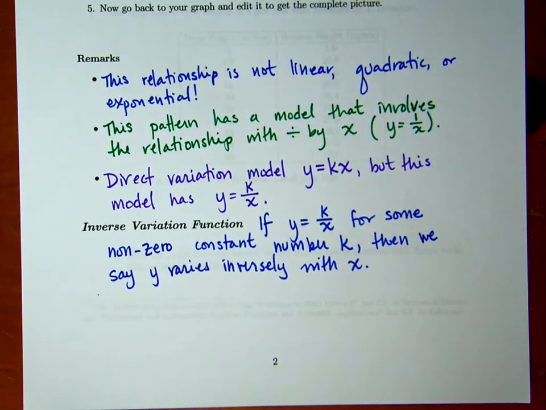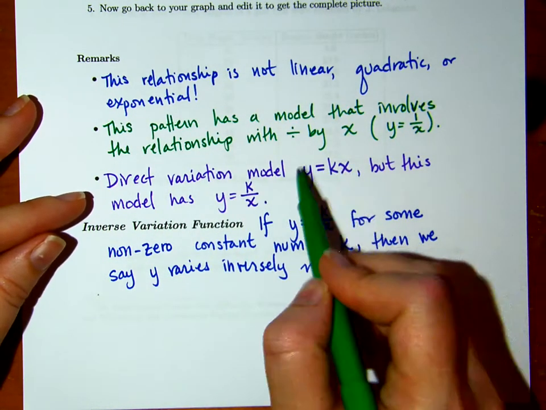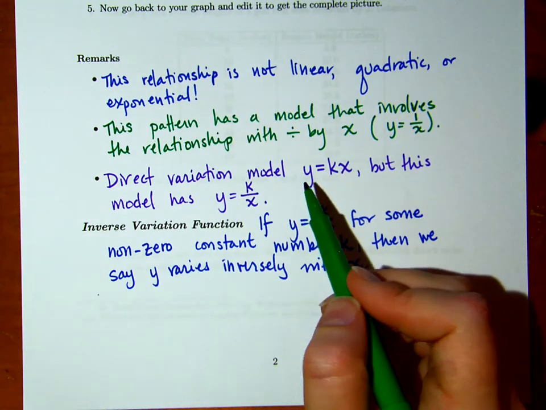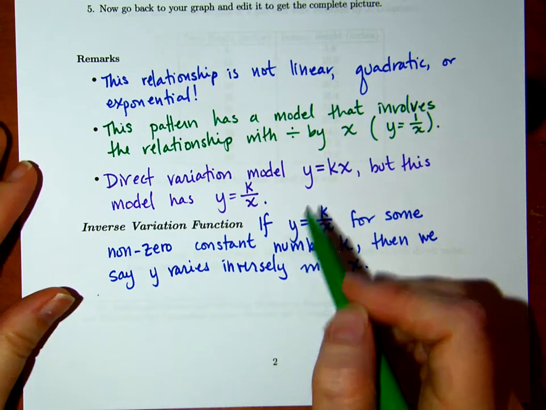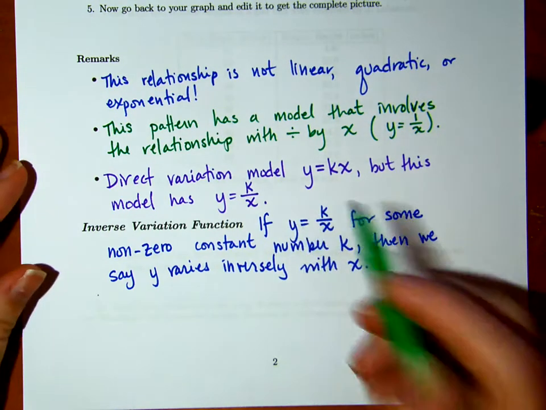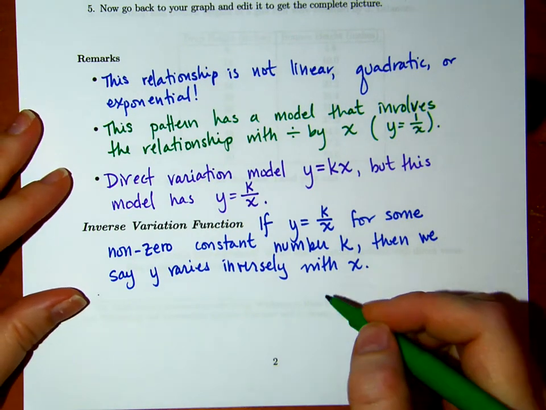Okay, but I'm going to write more about this because I remember us talking about direct variation as being a proportion. And here it is also a proportion. So another way to say this is that y is inversely proportional to x.